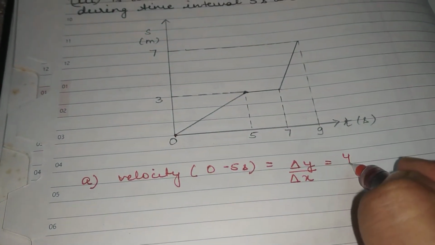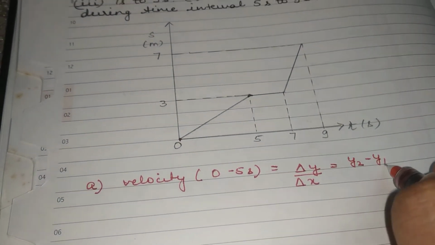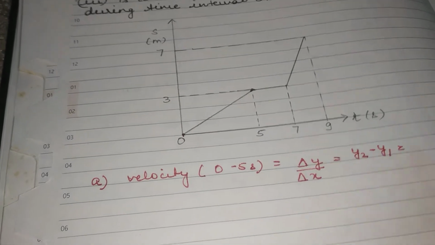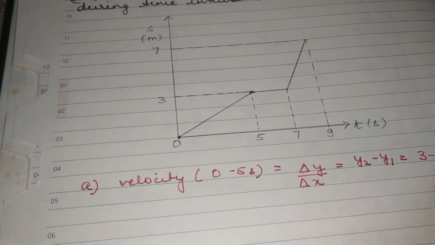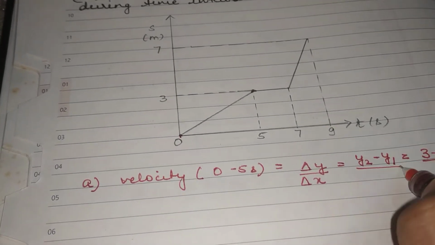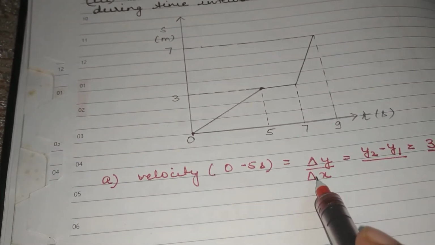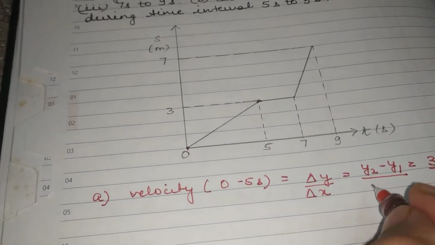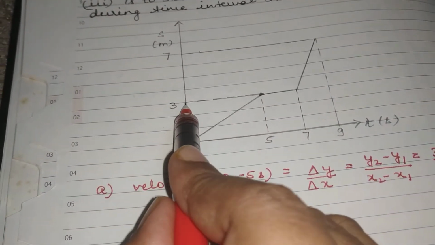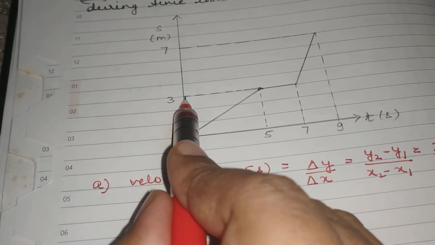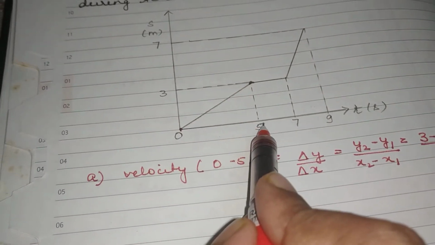So y2 minus y1 means final point minus initial point, which is 3 minus 0, right? Divided by delta x. Delta x means x2 minus x1. Now corresponding to y2, which is 3, what is x2? It is 5.